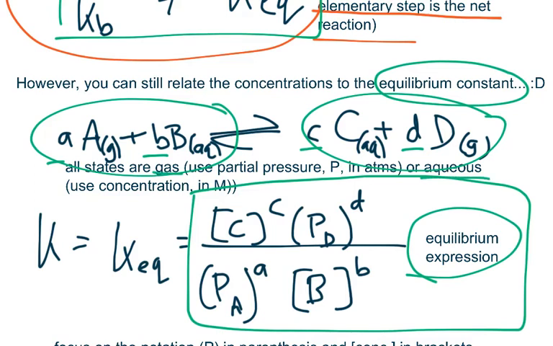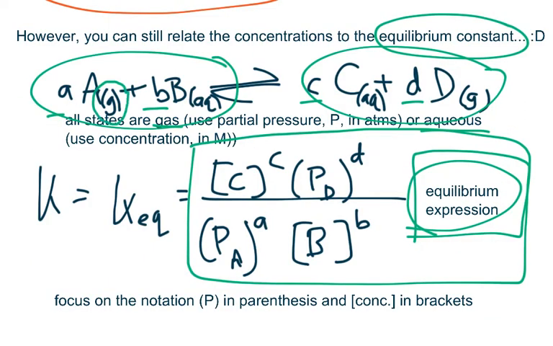So anything that's not a gas or an aqueous substance will not be part of the equilibrium expression, and I will explain why later. But basically, this reaction involves a gas and an aqueous solution reacting to form an aqueous solution and another gas. So, to write equilibrium expressions, we put products over reactants.